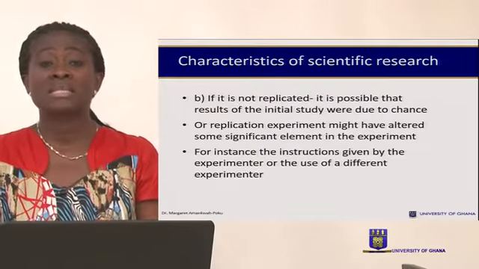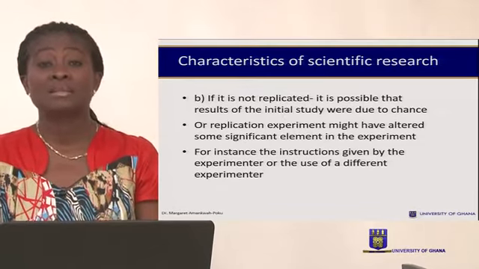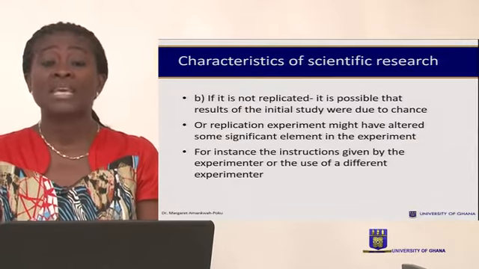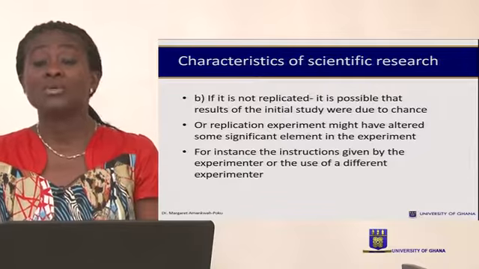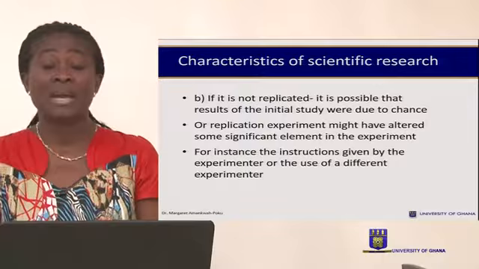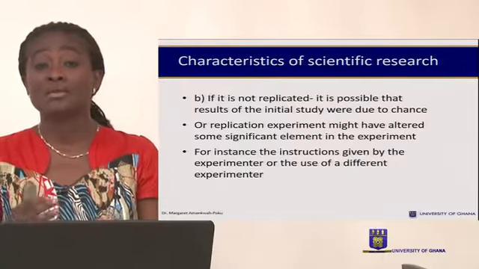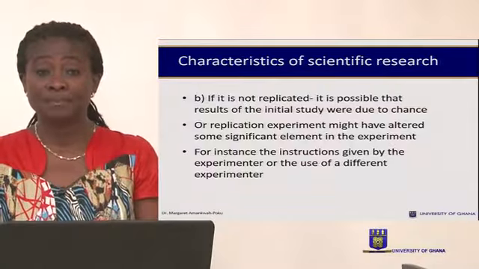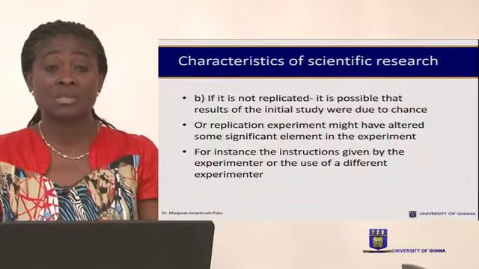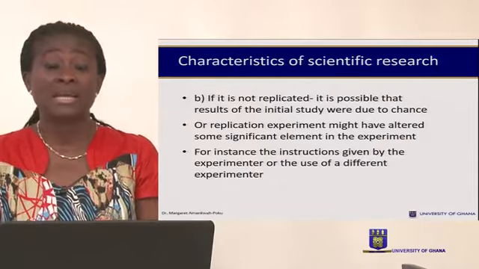So, for example, let's say the instructions that we may have given to the participants was different from what we gave in the initial research that we did, or we used different types of participants. Perhaps we tested older people, now we are testing younger people, and so that has affected the outcome of the replicated study. It's also possible that perhaps the initial results that we obtained was just by chance.